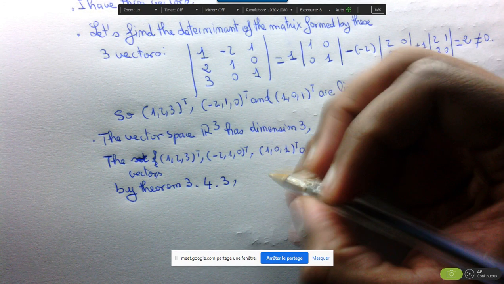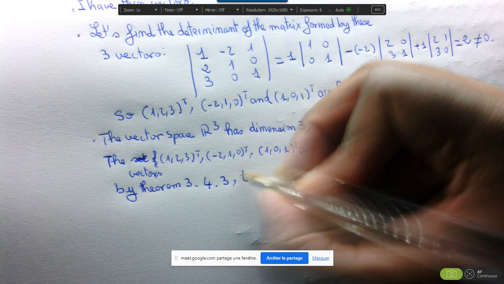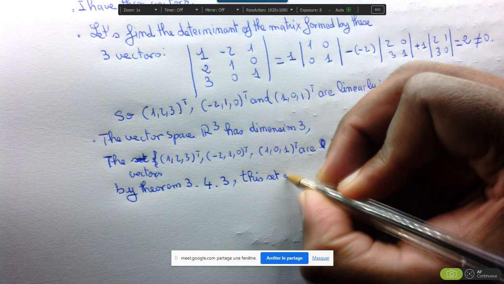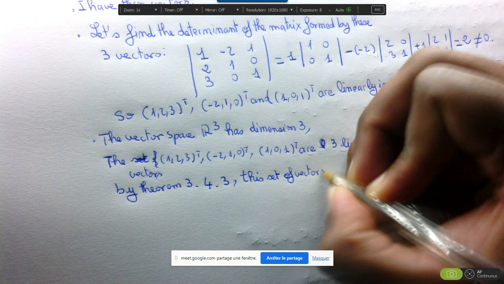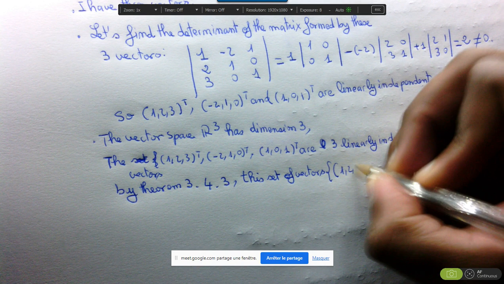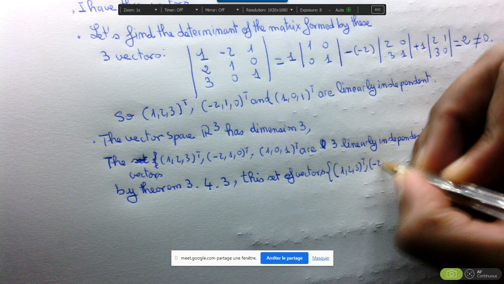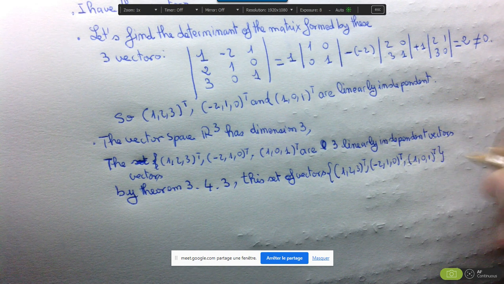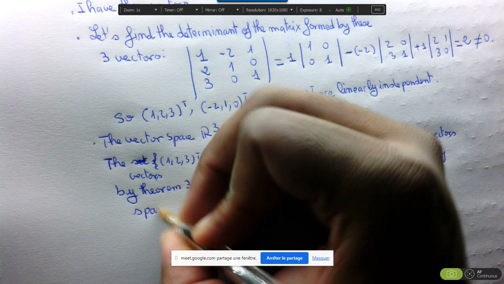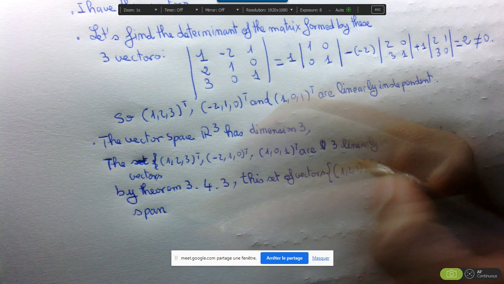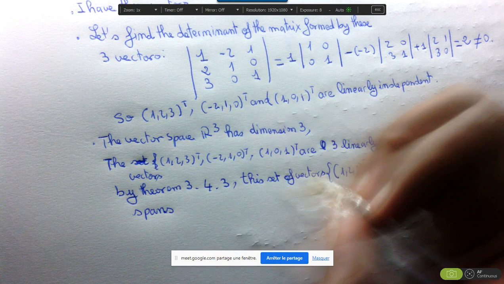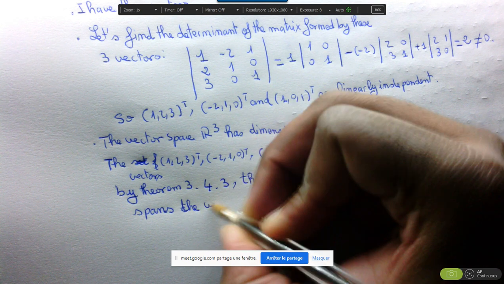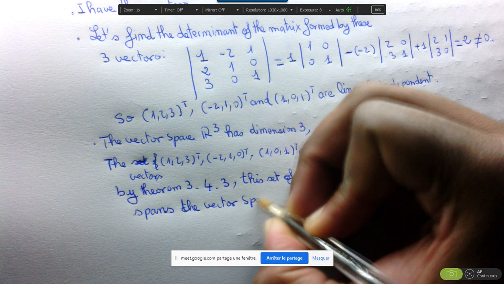This set of vectors, (1, 2, 3) transpose, (-2, 1, 0) transpose, and (1, 0, 1) transpose, spans our vector space R3.